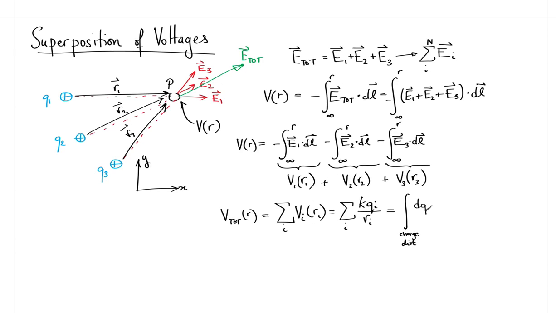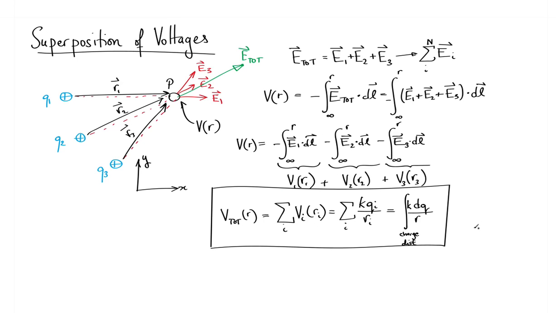You're basically integrating K dq over R. Okay? So, in a nutshell, superposition also works for voltages.